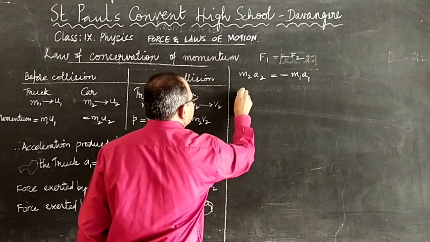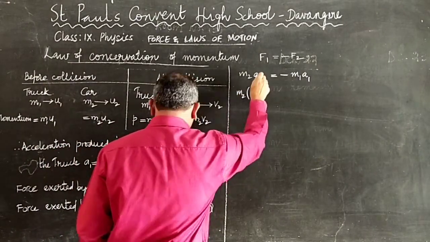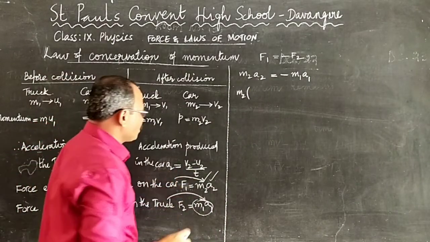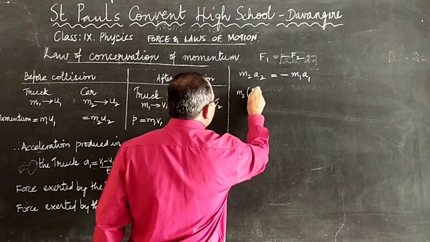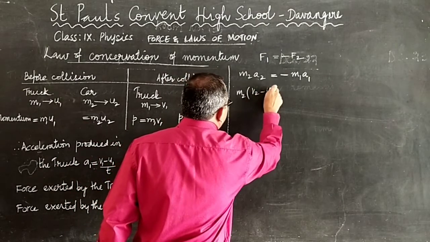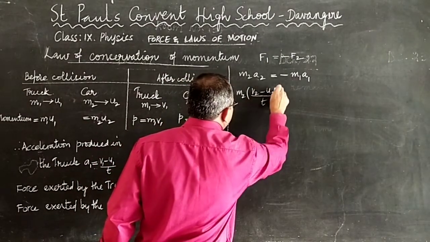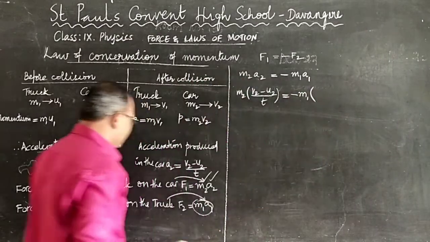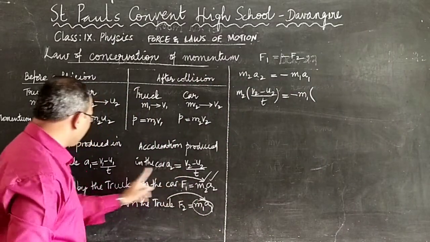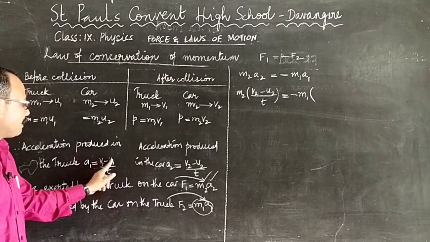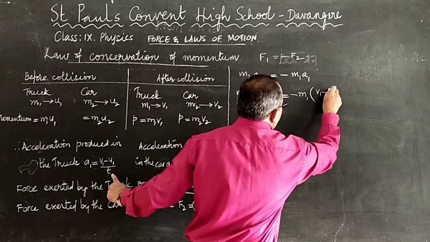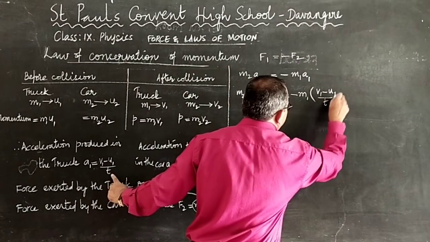m2 remains the same. a2 becomes (v2 minus u2) by t, and this will be equal to minus m1 into a1, which becomes (v1 minus u1) by t.